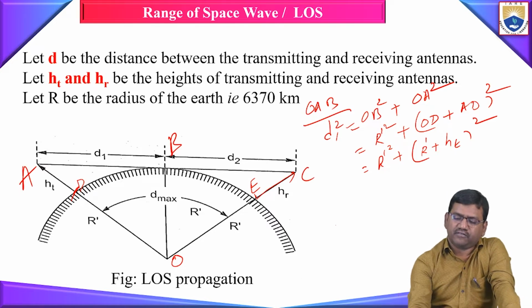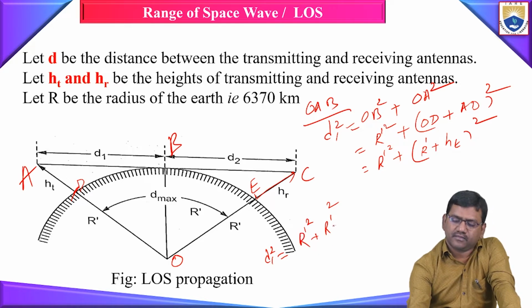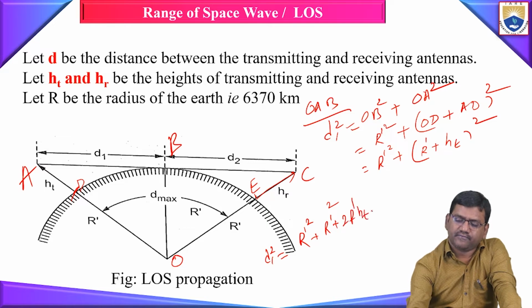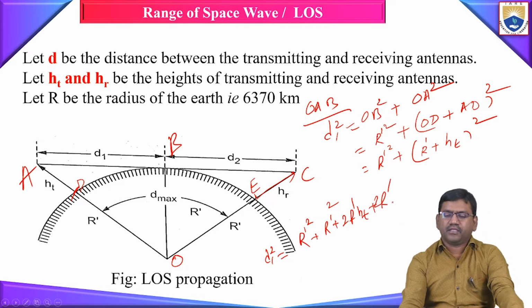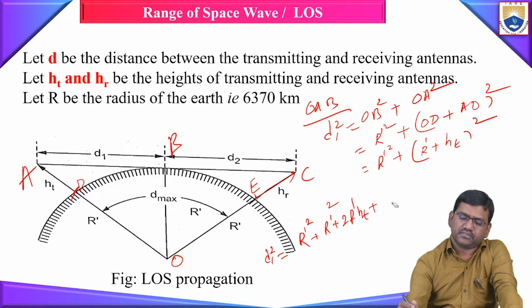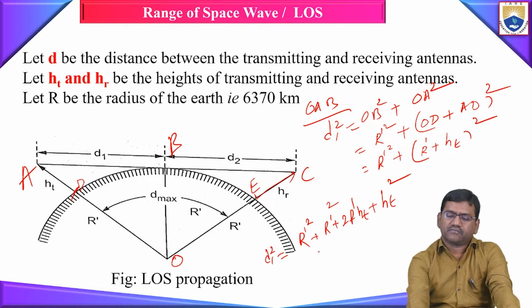Now let us simplify this d1 square value again. Using A plus B whole square is equal to A square plus B square plus 2AB, R dash plus HT whole square means R dash square plus HT square plus 2 into R dash into HT.